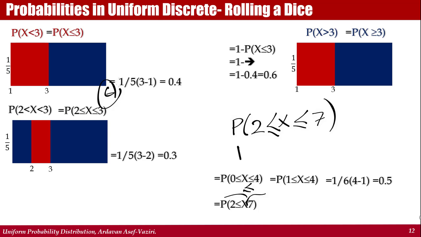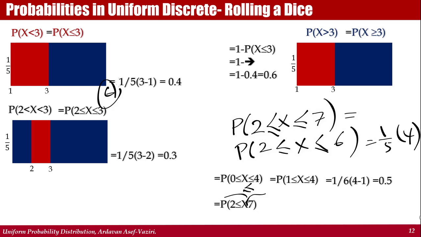Therefore, probability of 2 less than or equal to x less than or equal to 6. And that is 1 over 5 times 4.